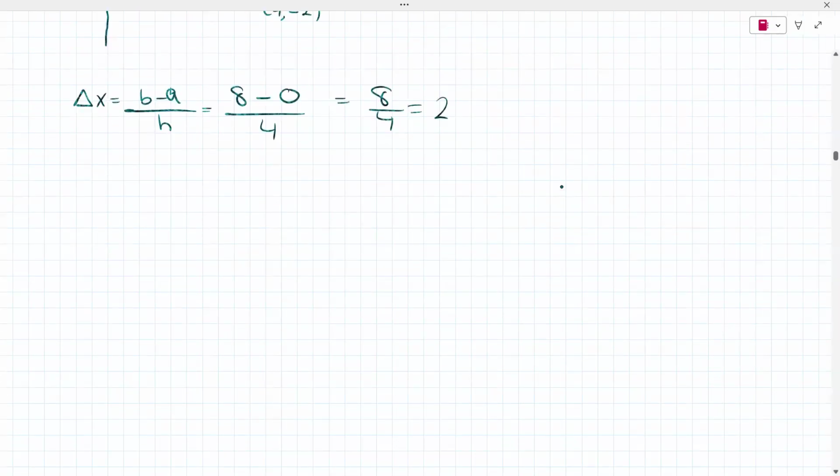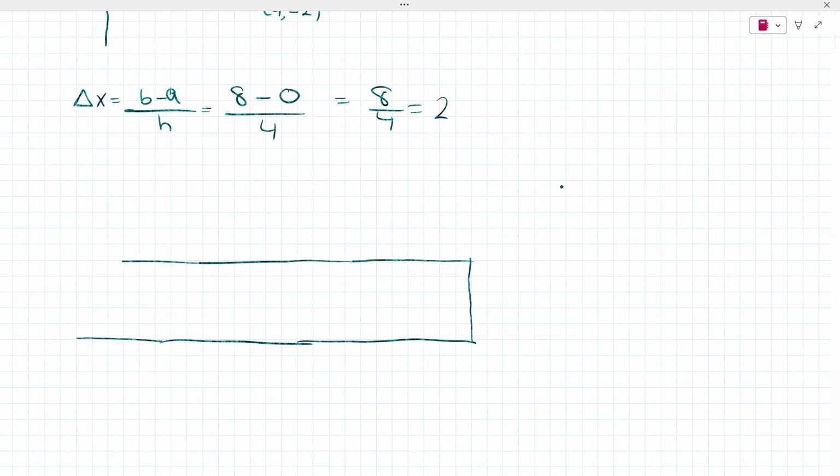And if you want to draw it a little rectangles, that's fine. Okay, so 0, 2, 4, 6, and 8.